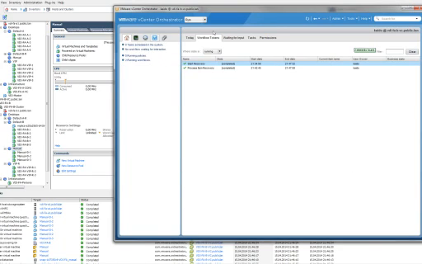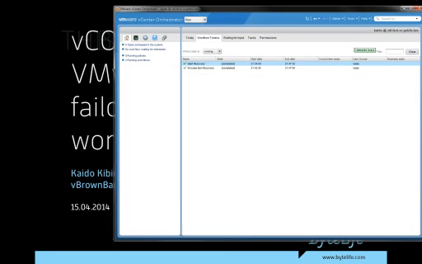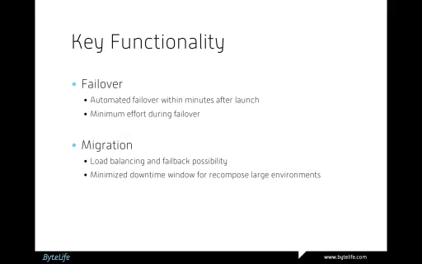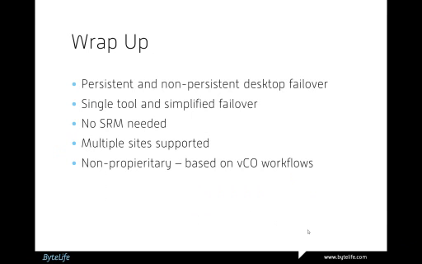All workflows completed, and items have been switched from one site to another. So that was the demo part. Switching back to the presentation, I have a few more slides here.